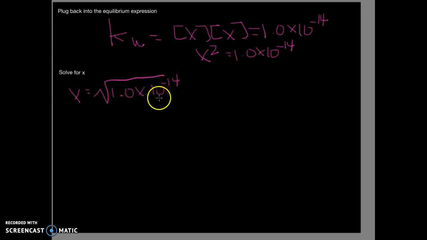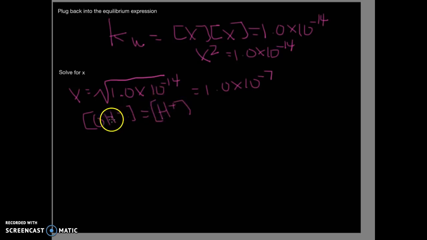Okay, so the square root of 1 is 1 times 10 to the negative, what is half of 14? 7. Why do you do that? Well, because square root is saying this is the same as raising it to the 1/2 power. Okay, so what is X? Well, that's hydroxide ion concentration and it's hydrogen ion concentration.